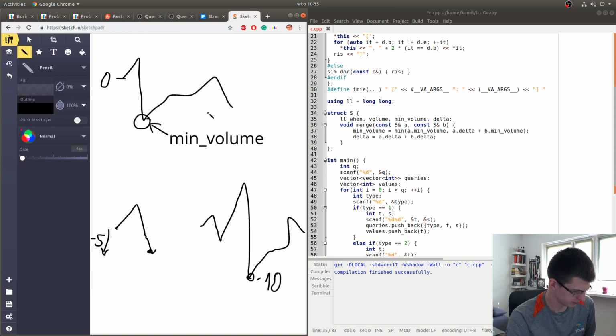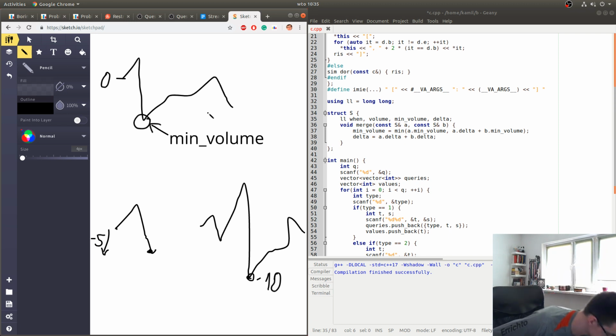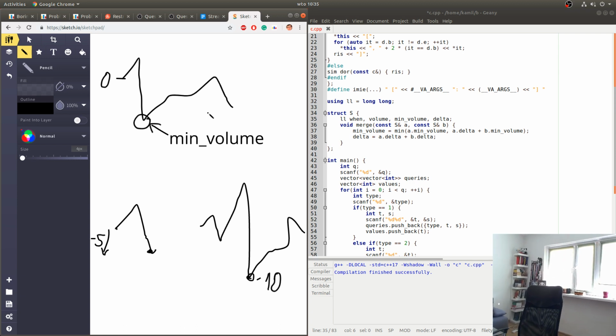So for that I need better drawings. Let me try to plug my tablet into a different port. Okay, so now you will not see my camera because I unplugged it, which suggests that my USB port is broken.